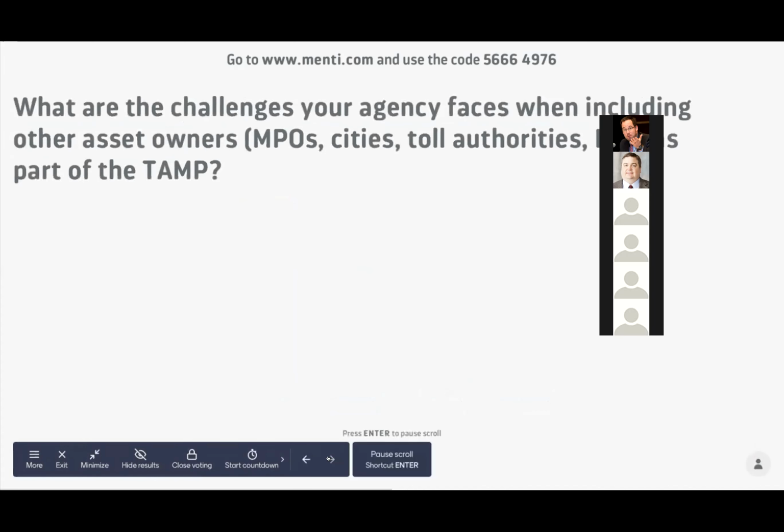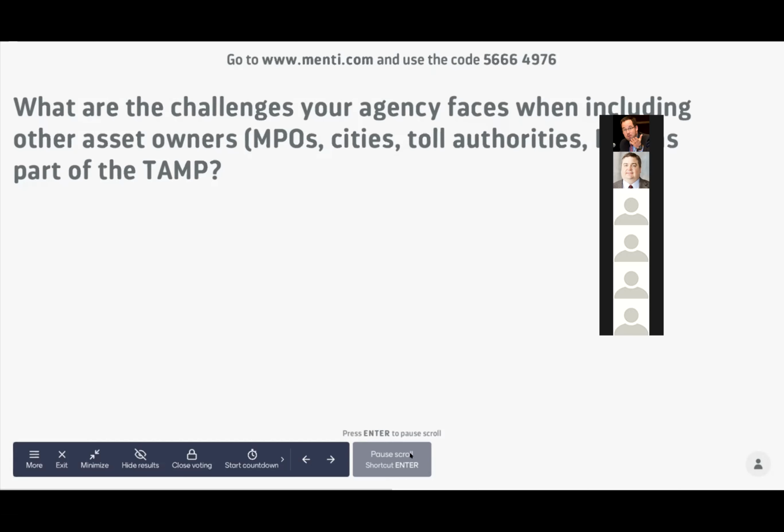The second question is about integration, and one of the challenges. You can free form into this one, and it's really about what are the challenges your agency or agencies you know well or work with face when wanting to include other asset owners as part of the TAMP process or in the TAMP itself.